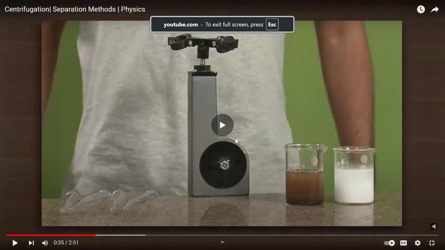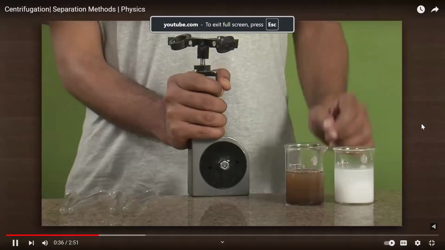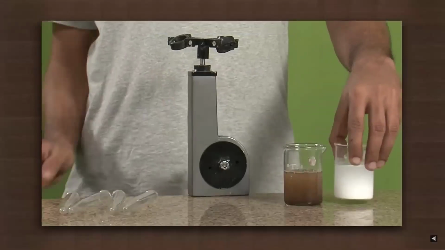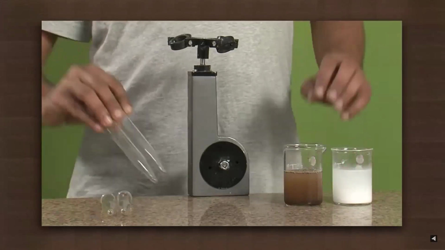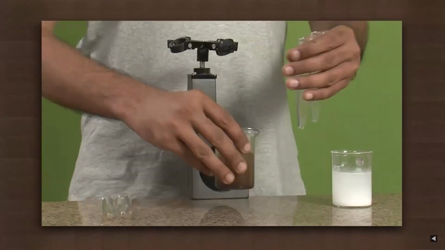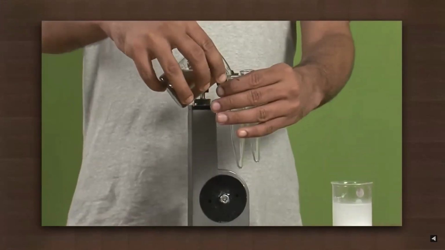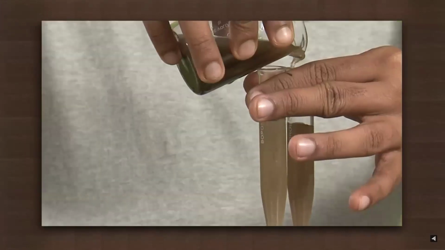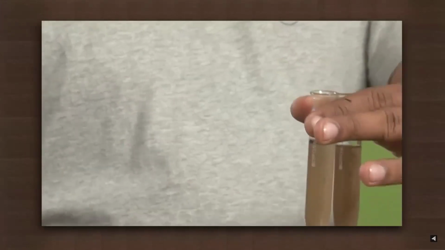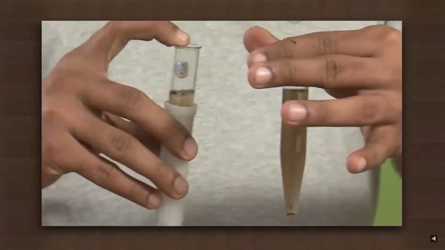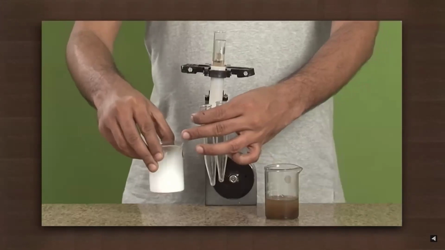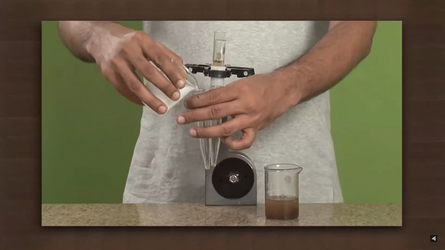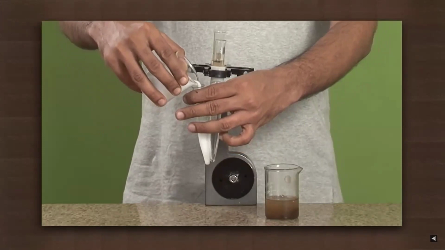Okay, let's see it. A handy centrifuge machine, muddy water, mixture of calcium carbonate and water, 4 centrifuge test tubes. Take the sample of muddy water and place the test tubes in the centrifuge machine. Now take the calcium hydroxide mixture in the test tubes and also place them in the centrifuge machine.